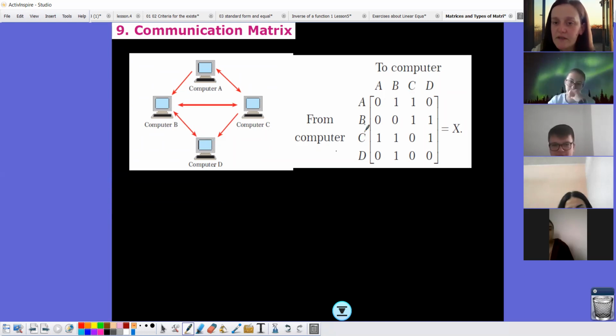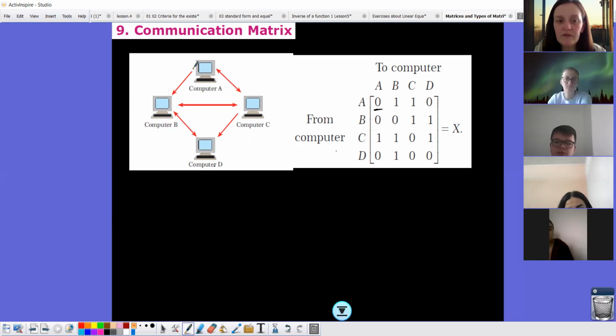We are writing the rows and then the columns, A, B, C. Now I am checking from computer A to computer A. Is there a connection? There is none, so it is 0. From A to B, is there a connection?